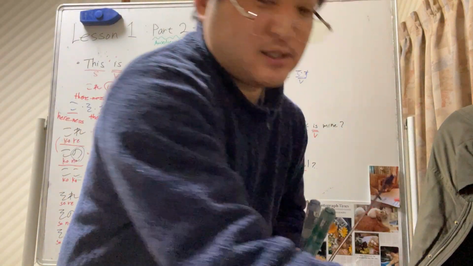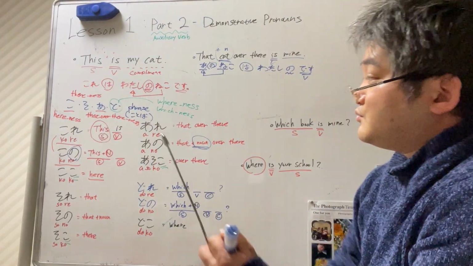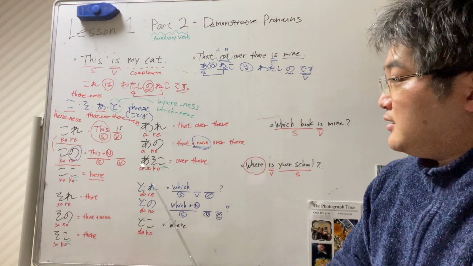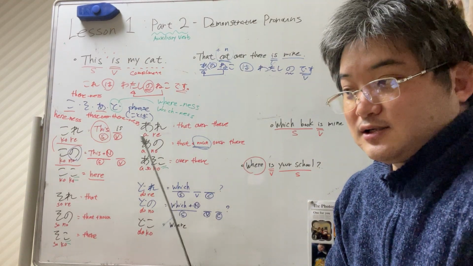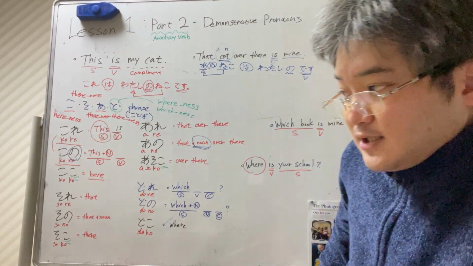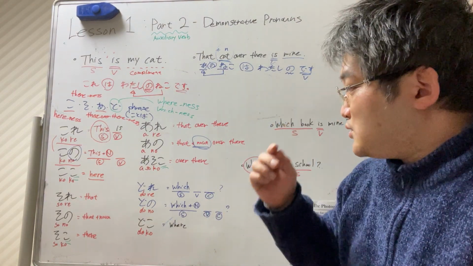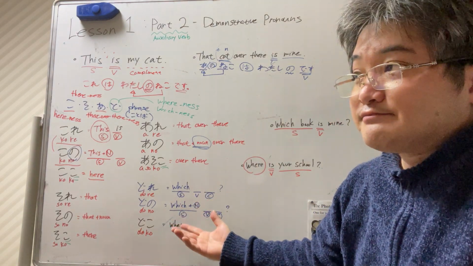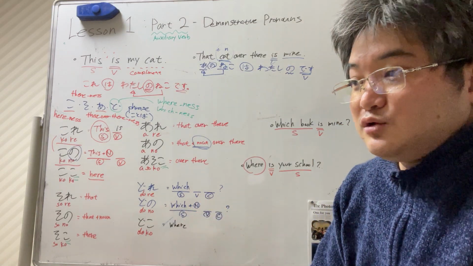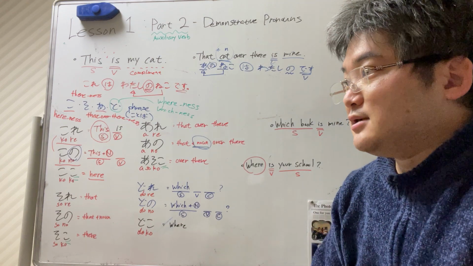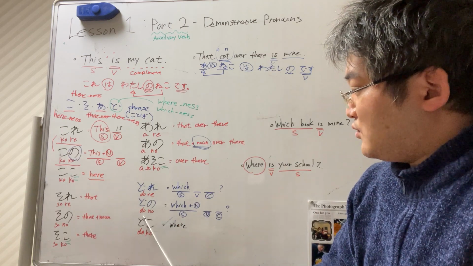Now, this one is somewhat a little bit different from the other three, in that dore means which, and which is an interrogative pronoun that can be served as a subject. So, dore ga... okay, let's see, I guess I start with dono.